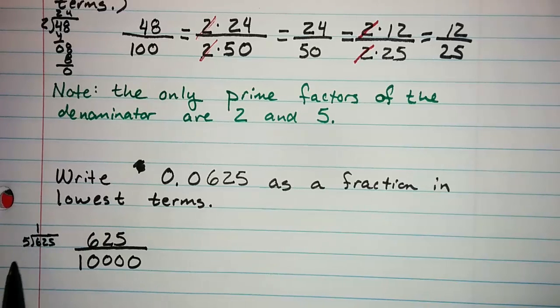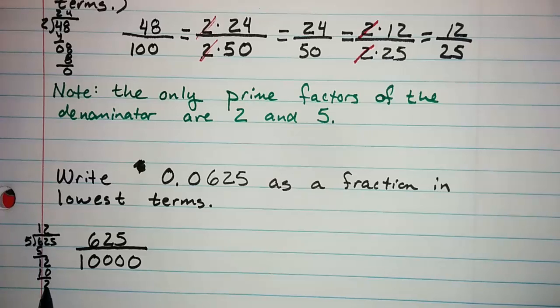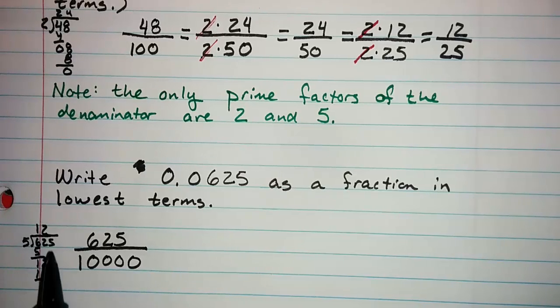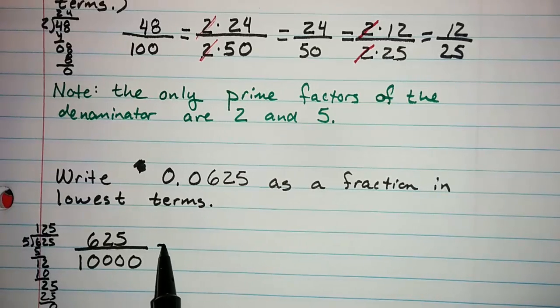It goes into 6 one time. It goes into 12 two times. It goes into 25 5 times, with nothing left over.